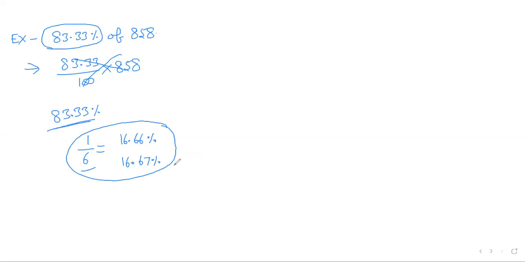But remember one thing, that here 16.66%, if I write like this and multiply with 5, and 16.67 into 5, the value will be, see, 16 5 to 80, 83.3, 83.